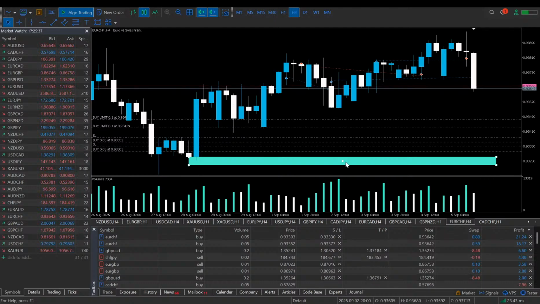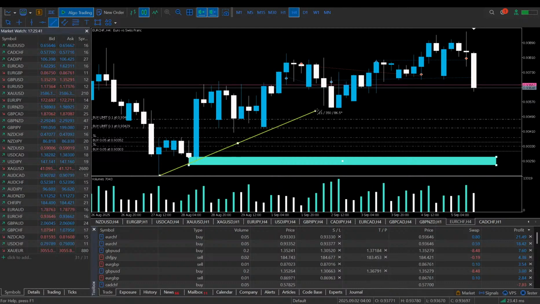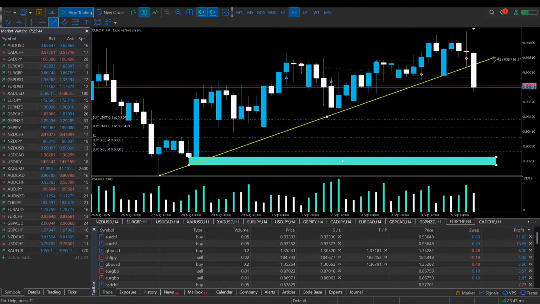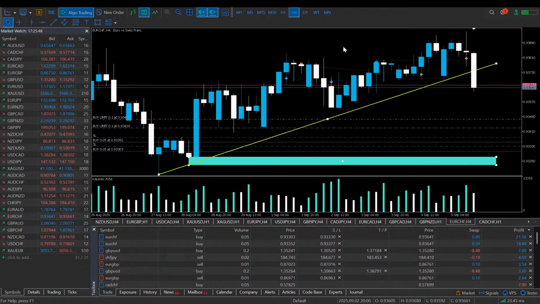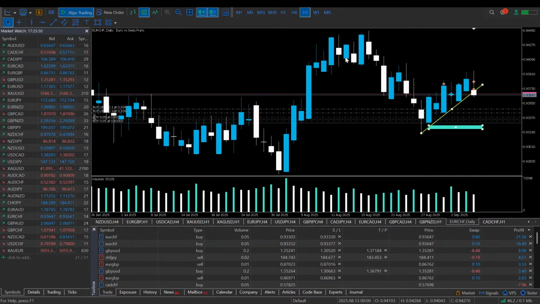It's not having it. So currently, I'm waiting to see how the reaction to break this support level will hold. So I'm talking about daily time frame versus 4-hour time frame.